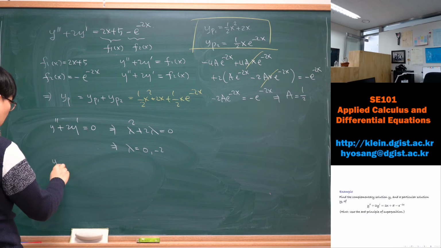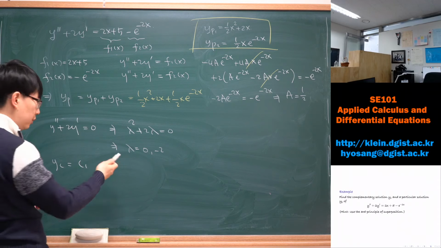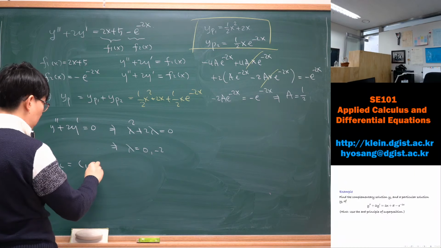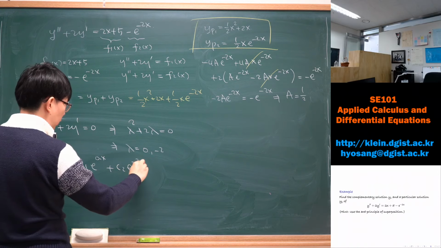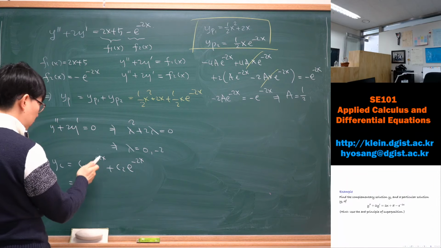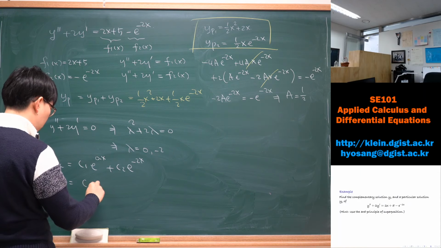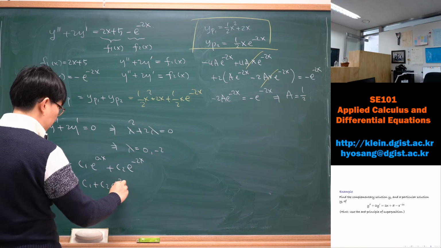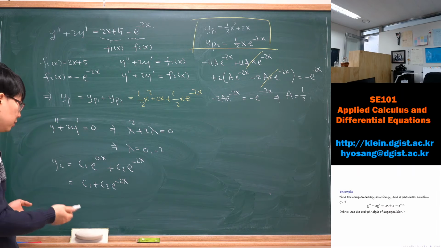So therefore, the complementary solution is a combination of two fundamental solutions. One is e to the 0 times x, and the other is e to the negative 2x. So e to the 0 times x is just a constant 1, right? So we have c1 plus c2 e to the negative 2x. This is the complementary solution.